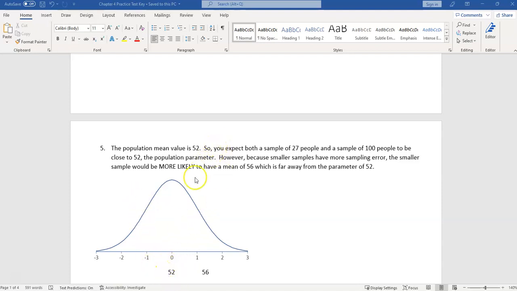So you really do expect both sample means to be close to 52, but you would expect the sample mean coming from a sample of 100 people to be closer to 52 than one from a smaller sample of 27. So given the options here, a smaller sample size of 27 is more likely to be close to 56, which is relatively far away from what we would expect, the population parameter of 52.